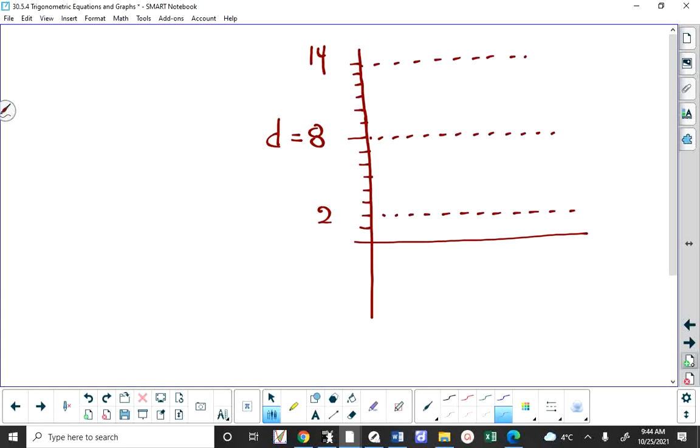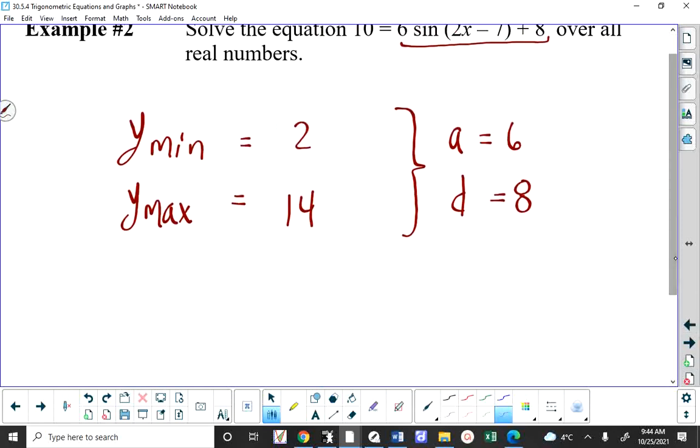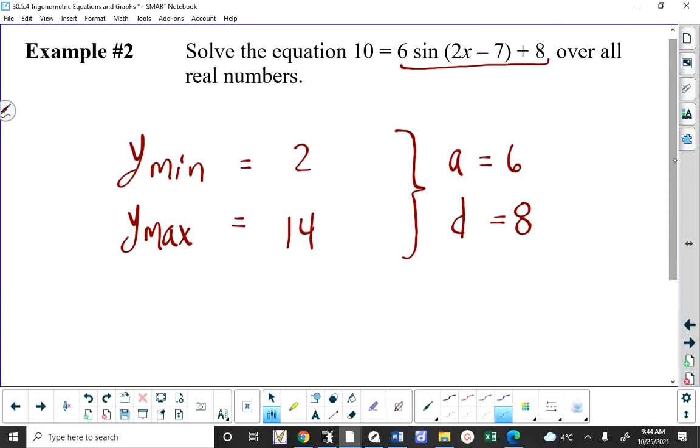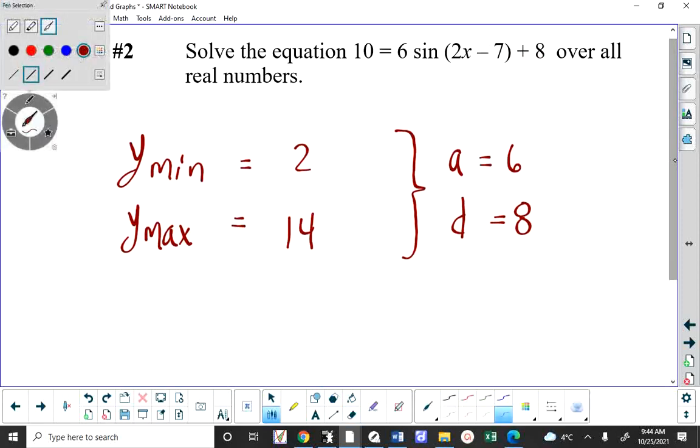Now the other thing I would like you to do, and again, let me make this even clearer, we are talking only about this. I don't care about the 10 yet. We'll talk about that in a second. I want you to determine the period of that graph.